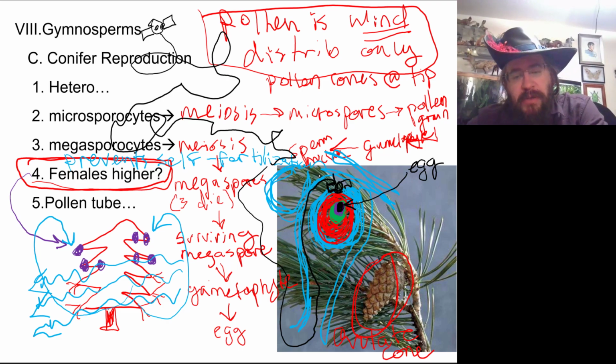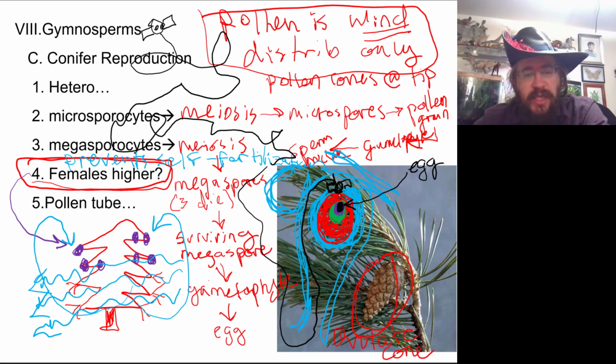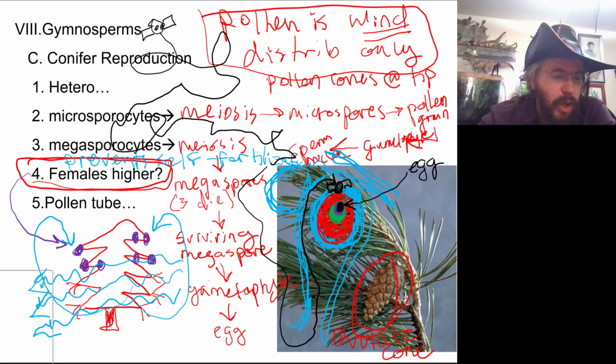And we've got a minor problem, and that's a bunch of nesting doll of tissues before we can reach the egg. And what do we do about that? Well, we grow a tube.